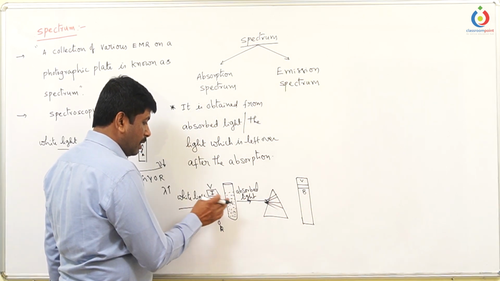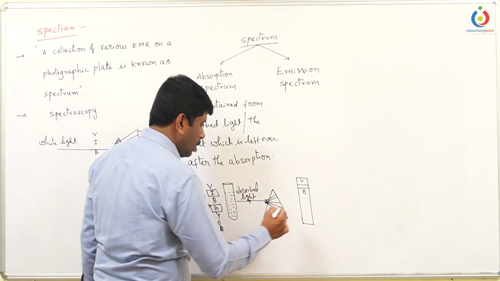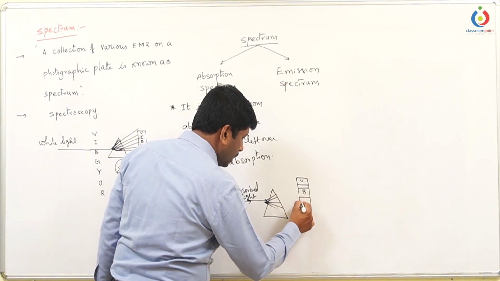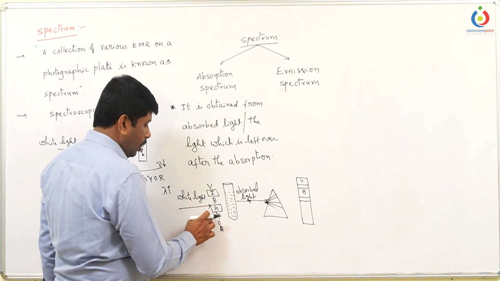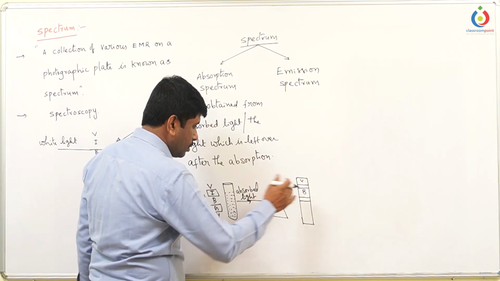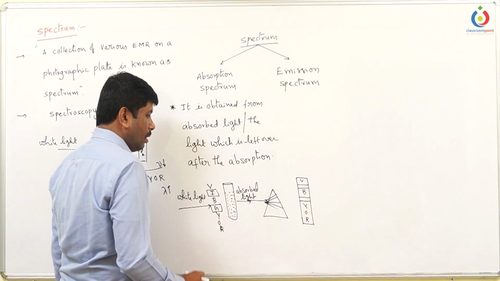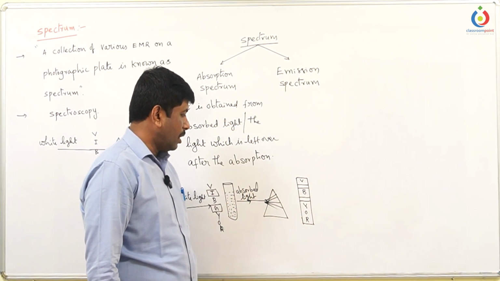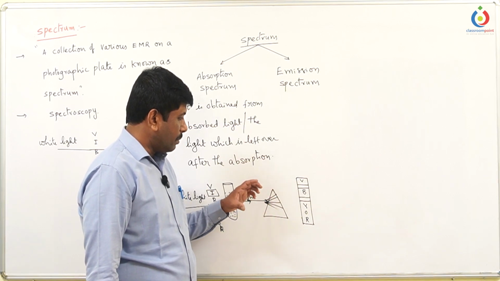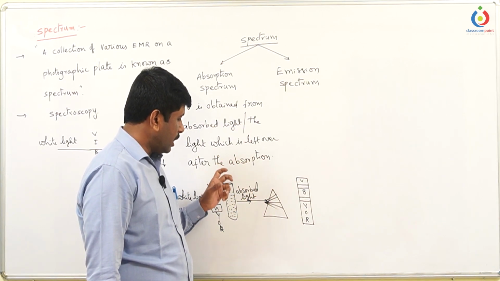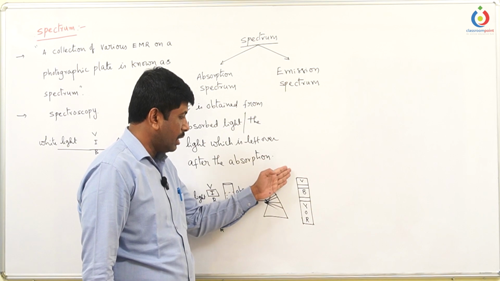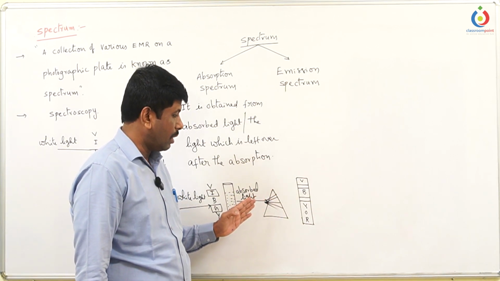Again, the green color has been removed by the sample, that means it is absorbed. So there again you will get a dark space. Yellow, orange, red are not absorbed, so they come out. So in the absorption spectrum, after absorbing certain electromagnetic radiations, we are getting the remaining electromagnetic radiations on the photographic plate.